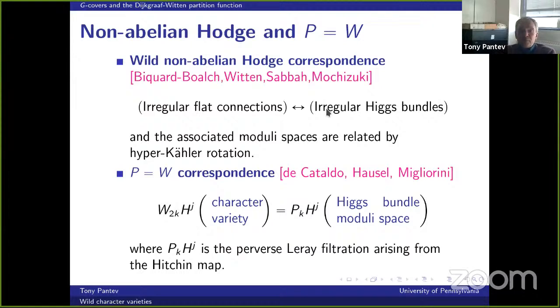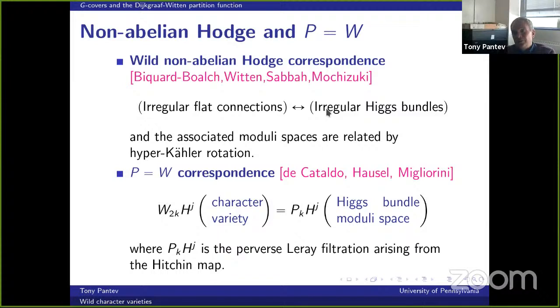And so the wild non-abelian Hodge correspondence, which in various situations, in various degrees of generality, was proven by Biquard, Boalch, Witten, and Sabbah and Mochizuki, says that irregular flat connections correspond to irregular Higgs bundles. The moduli spaces are homeomorphic.